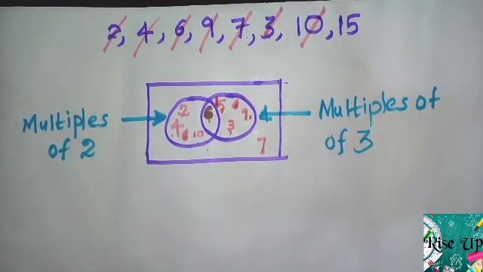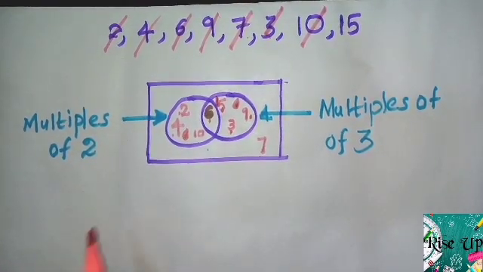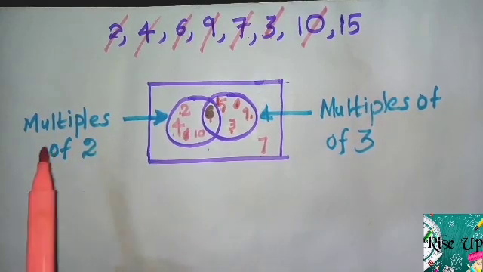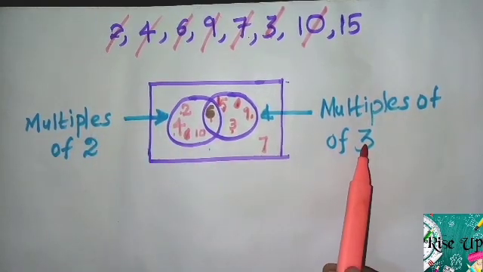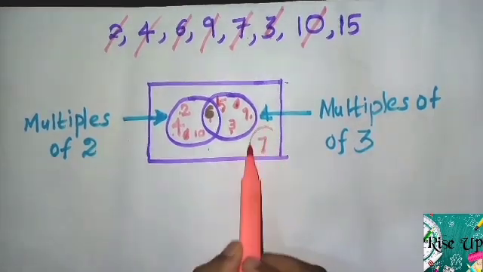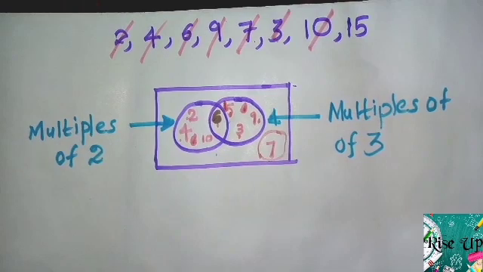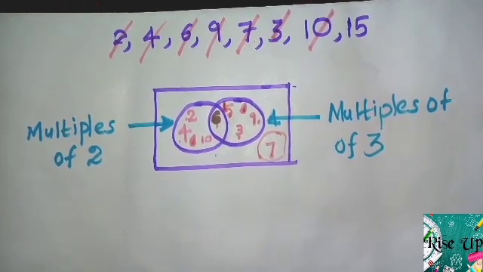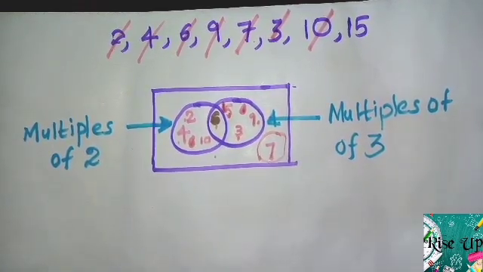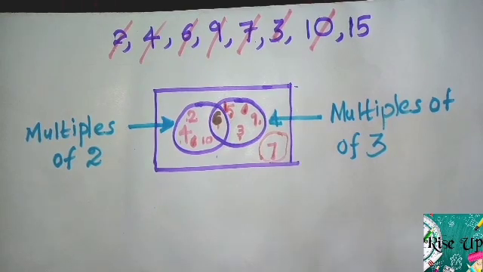So they are the multiples of 3. Number 7 doesn't belong to either multiples of 2 or multiples of 3, so it is written in the outside box. So this is how to draw a Venn diagram and insert the objects into the relevant sets.